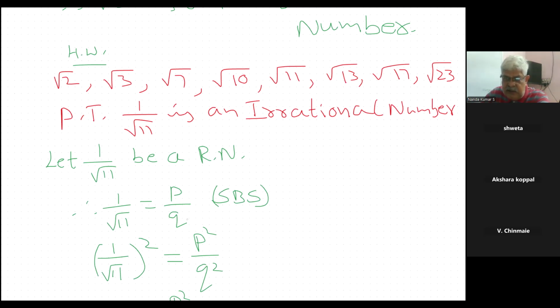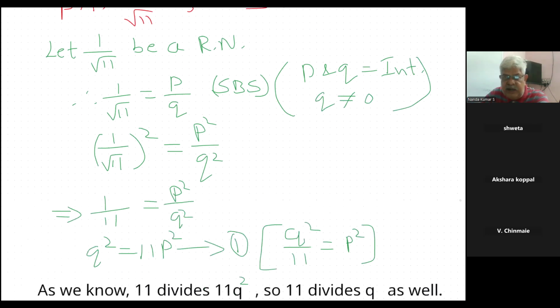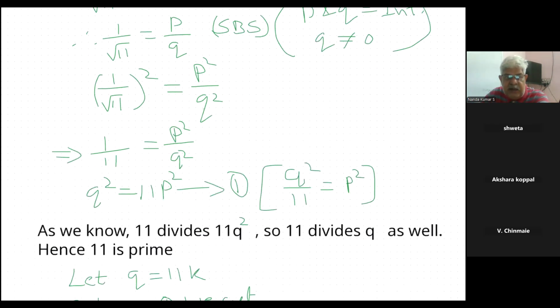Along with that, we have to remember the basic concept, that denominator q is not equal to 0. After this, squaring on both sides, 1 by root 11 whole square is p square by q square. 1 square is 1, root 11 square is 11, equals p square by q square.